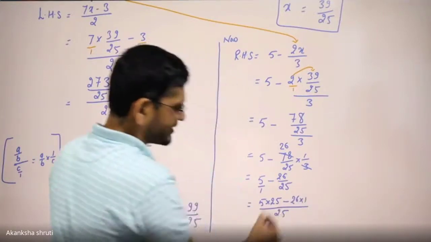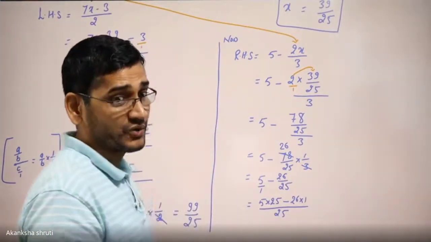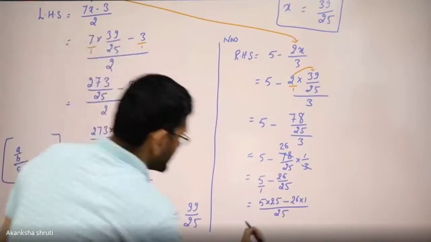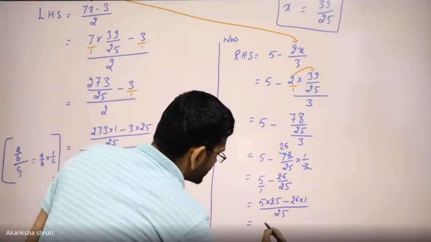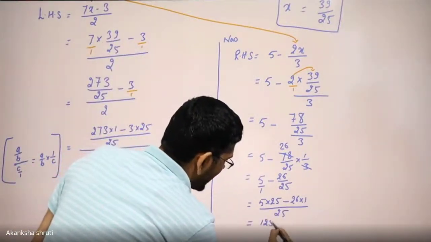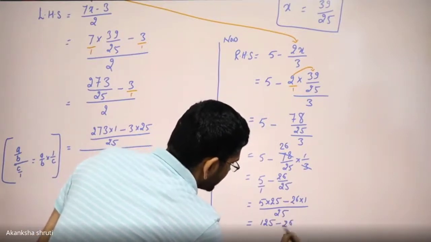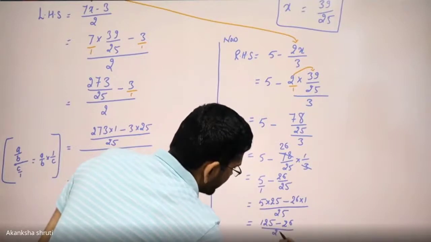This I have explained in chapter 1 in much more detail. If you have any doubt, please go through the video of that chapter. So this becomes 5 into 25 is 125 minus 26 divided by 25.